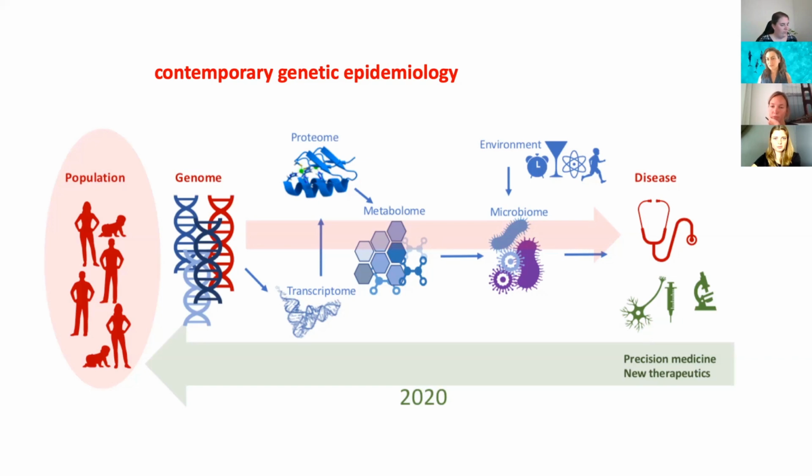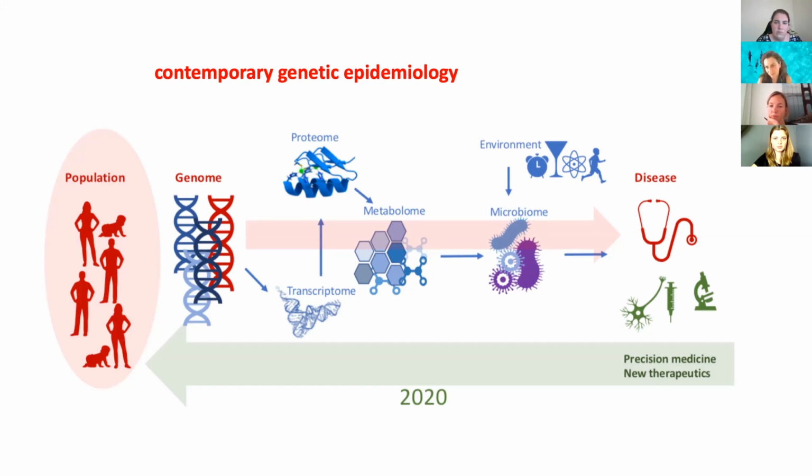And again, new techniques on metabolome, targeted and untargeted, which can measure more than 1,000 metabolites from plasma or other body fluids. And of course, by the help of sequencing, we can do RNA sequencing, and then we can measure the transcriptome. And again, by the help of next generation sequencing or DNA barcoding, we have information of microbiome as well.